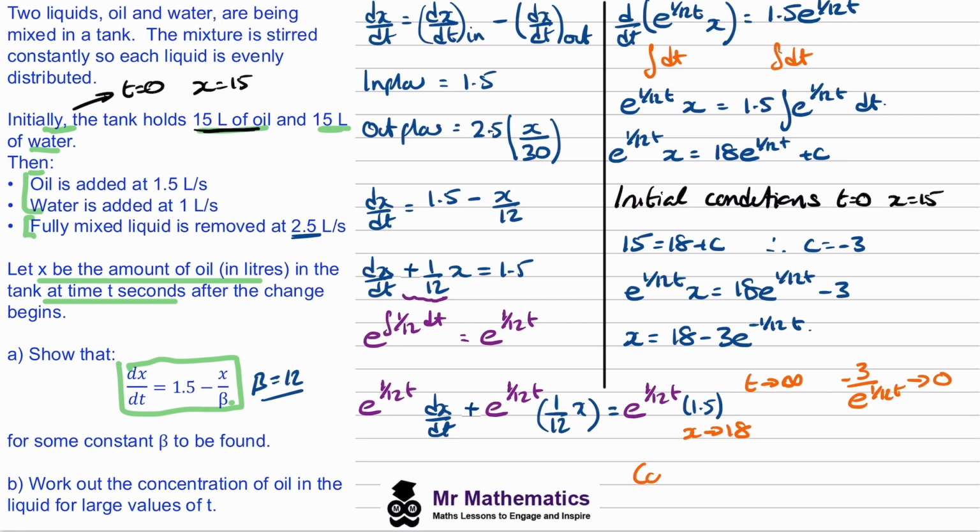And the concentration will be the 18 litres over the constant 30 multiplied by 100 to find out the percentage, this will be 60%. So for very large values of t, the concentration of oil in the tank will be 60%, okay?